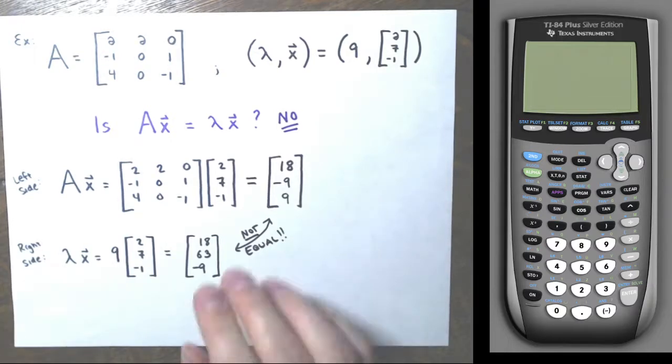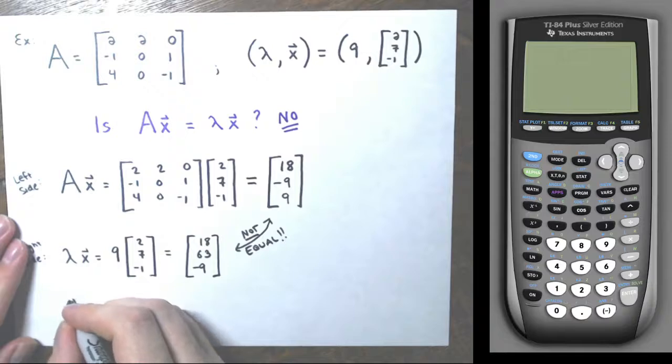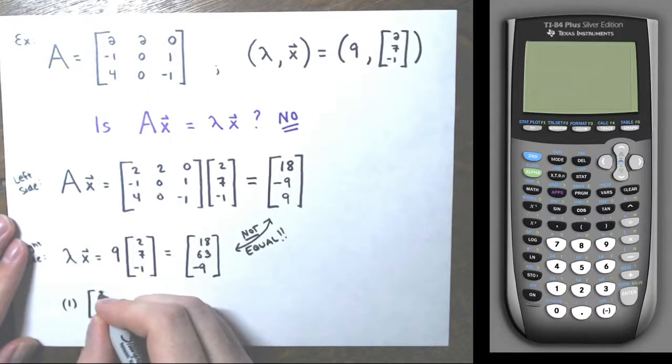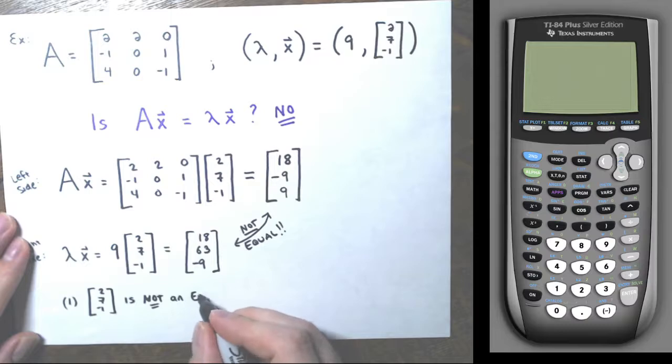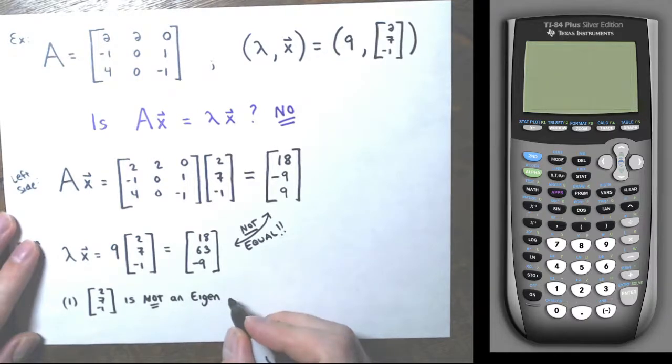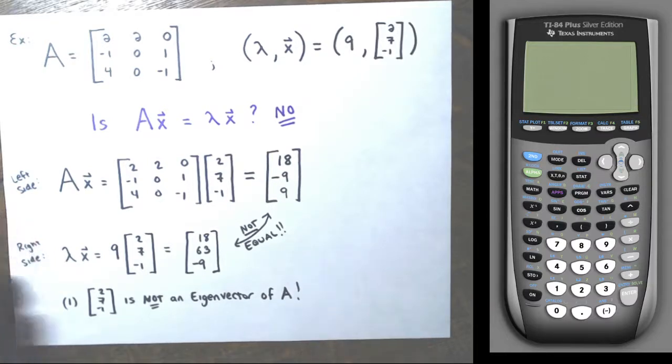So what we're seeing here is that the vector 2, 7, -1 is not an eigenvector of this matrix. And if it's not an eigenvector, then you don't even need to talk about eigenvalues.